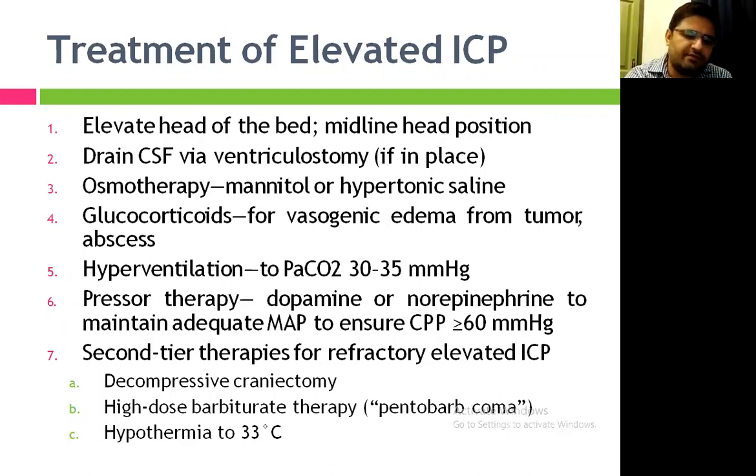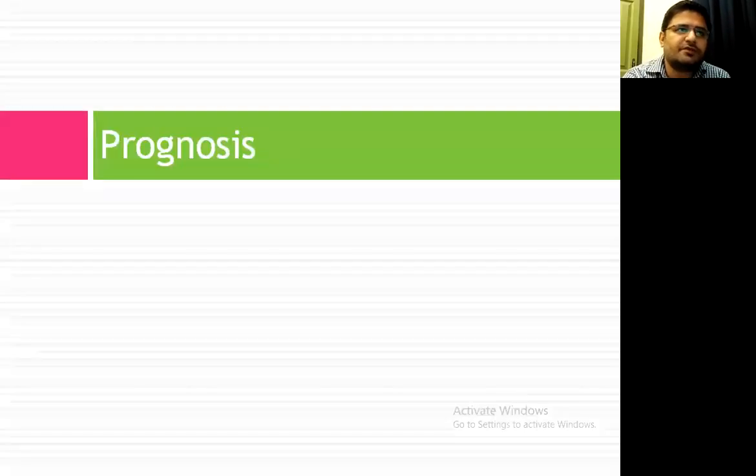If a patient is having refractory elevated ICP despite these measures, then decompressive craniotomy, high dose barbiturate therapy, and hypothermia to 33 degrees centigrade. So this will ease out the ICP pressures.